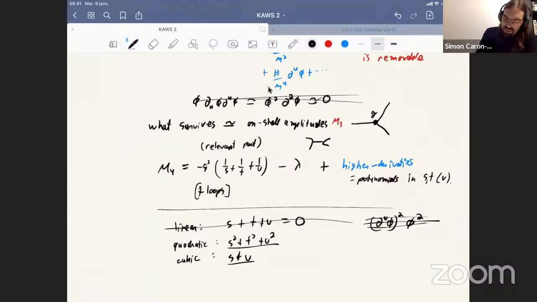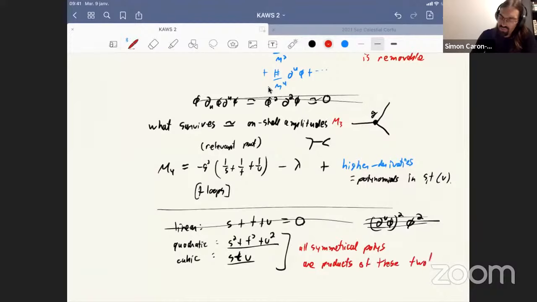And it turns out that it's a nice result: all the symmetrical polynomials that you have are products of these two things. So the ring of symmetrical polynomials in 3 variables that add up to 0 is generated by these two polynomials, the freely generated ring.